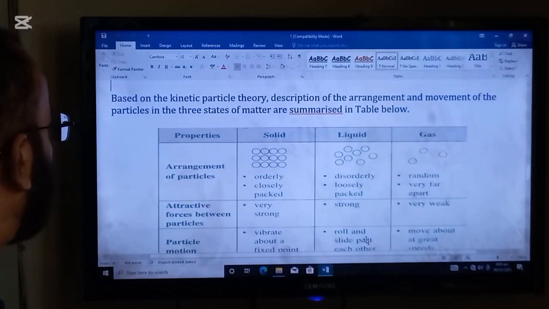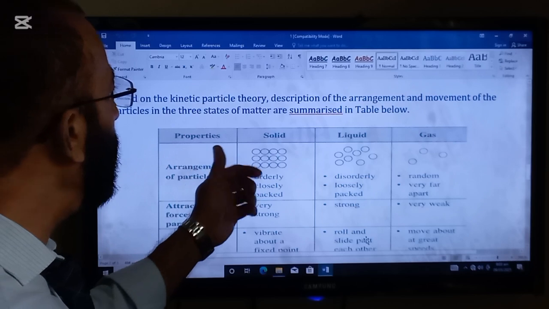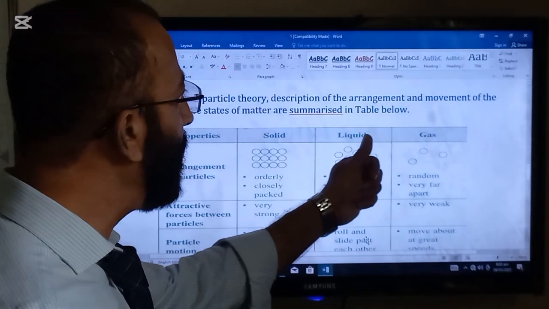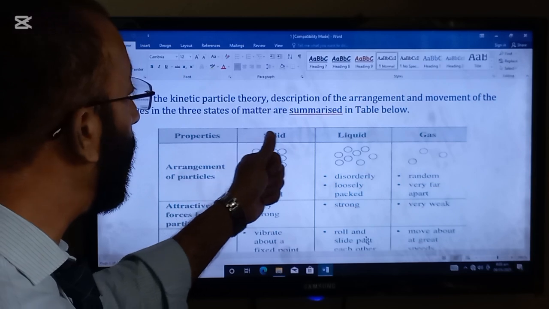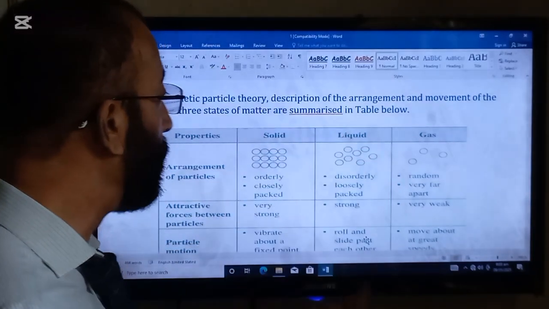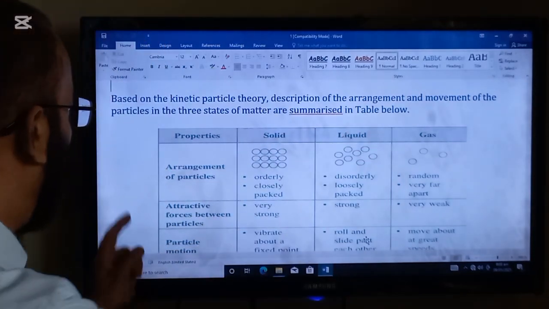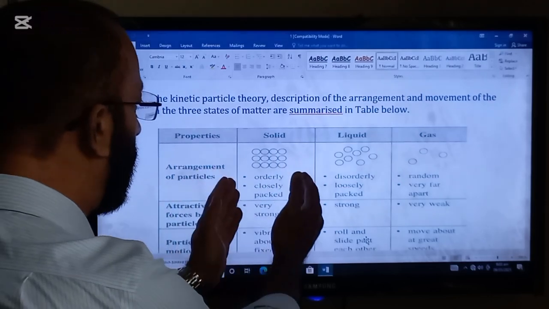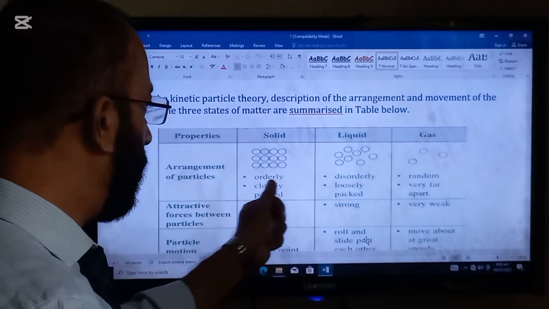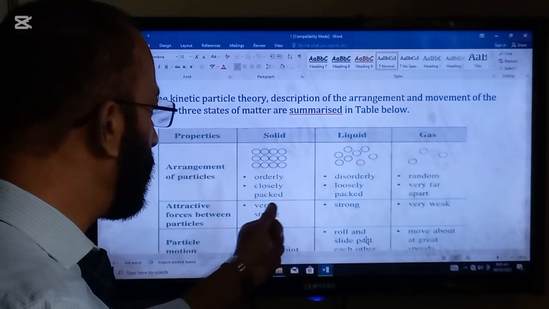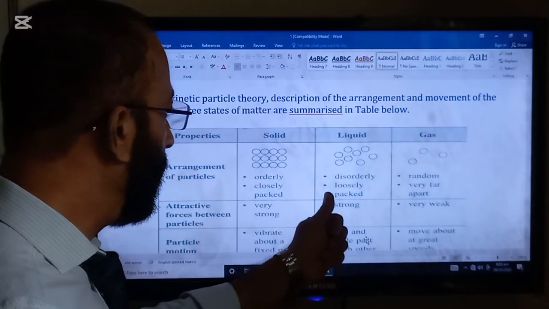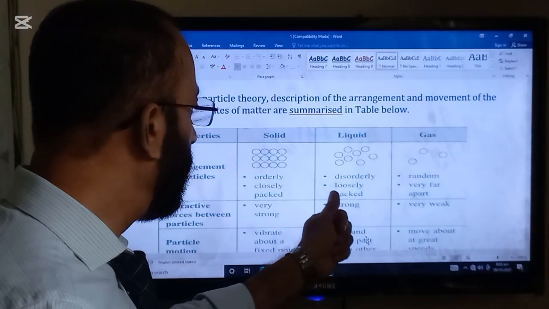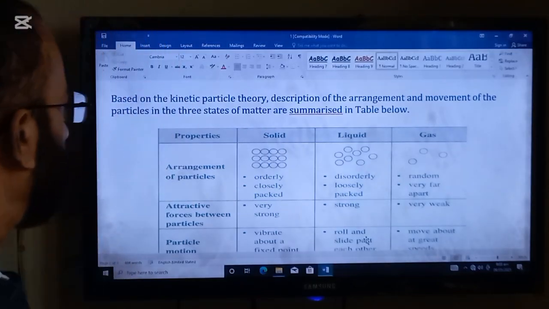Based on the kinetic particle theory, description of the arrangement and movement of the particles in the three states of matter are summarized in the table below. Arrangement of the particles in a solid: orderly packed and closely packed. Arrangement in liquid: disorderly packed, loosely packed.